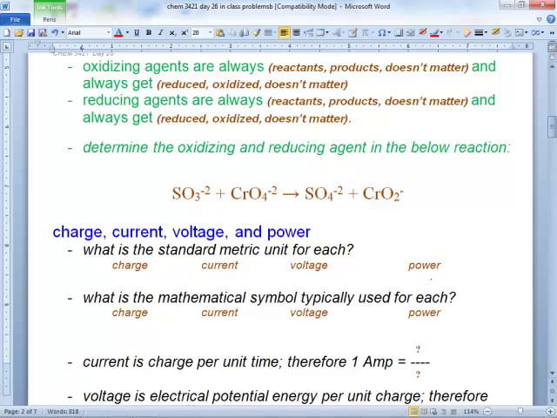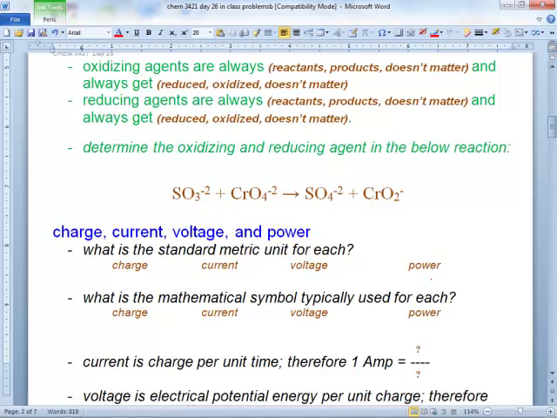All right. See who remembers this stuff. Oxidizing agents are always blank. What did you say? They're always... I kind of gave a hint, but not a very strong one at the beginning.